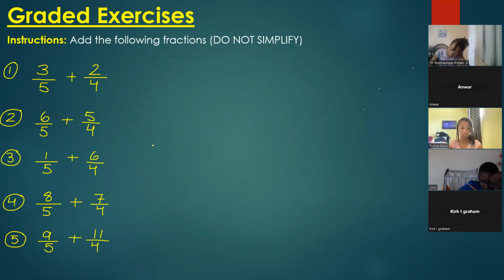Why isn't your denominator 20? Anwar. No, not yes, sir. Why isn't your denominator 20? Hello, Anwar? So you have to do them again. Your denominator is supposed to be 20. You hear me, Anwar? Yes, sir. All right.